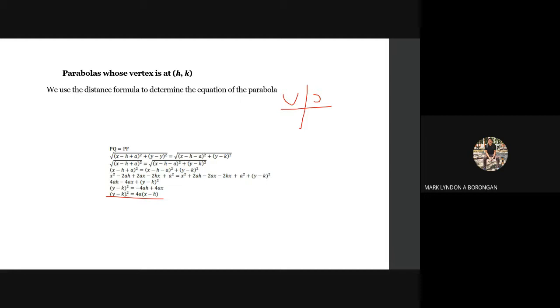If you see a minus in your y or your x, as I said earlier, it is a parabola whose vertex is at (h, k). So this is the standard form of a parabola at vertex (h, k): (y minus k) squared is equal to 4a times (x minus h).